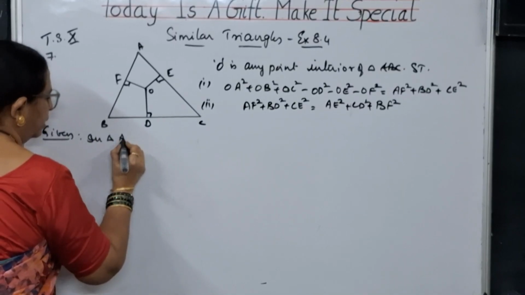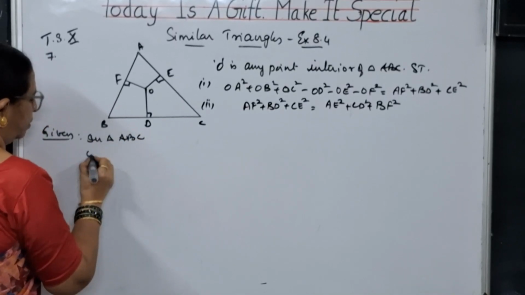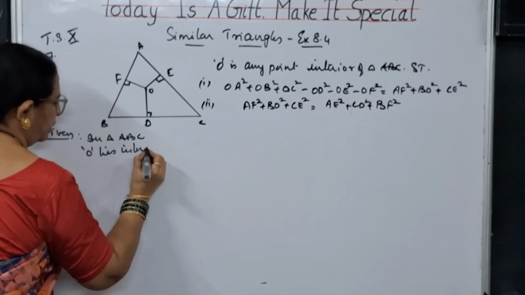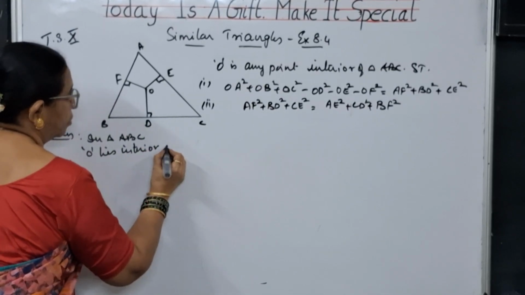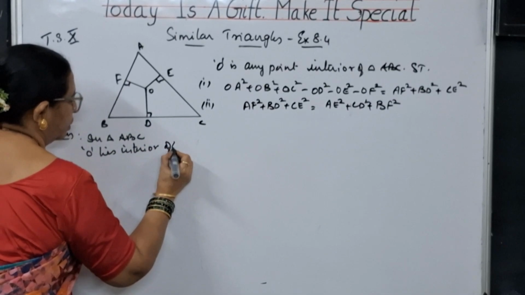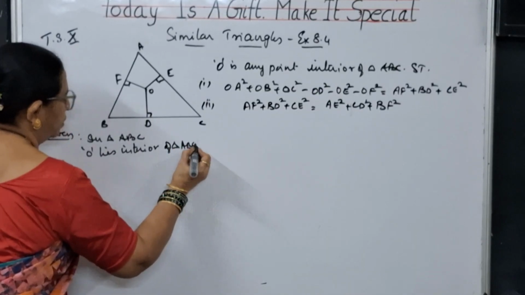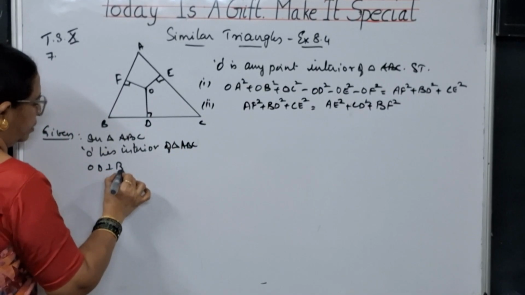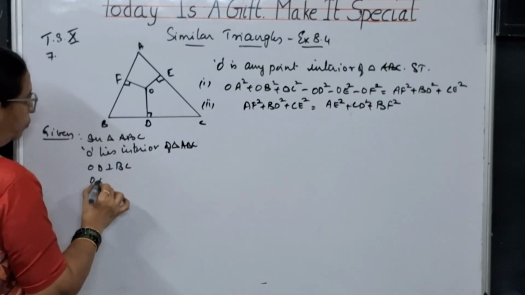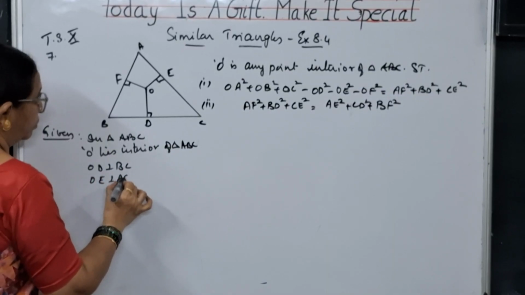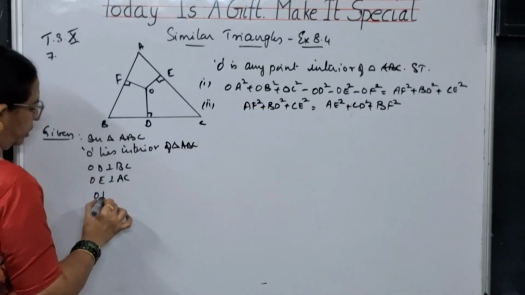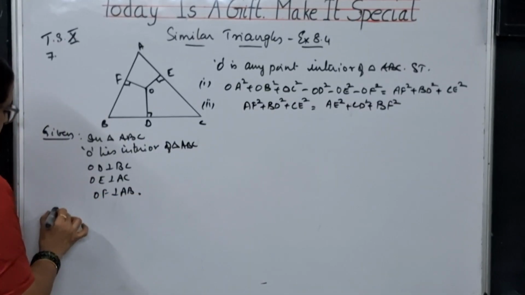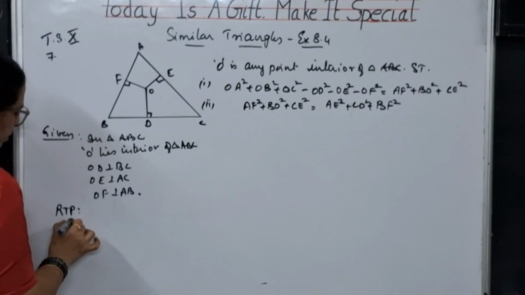In triangle ABC, O lies interior of triangle ABC, and then OD is perpendicular to BC, OE is perpendicular to AC, OF is perpendicular to AB. Now, what is RTP?